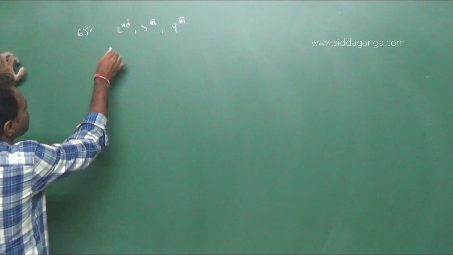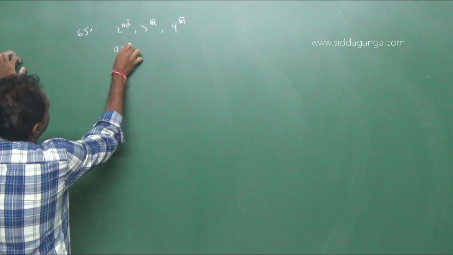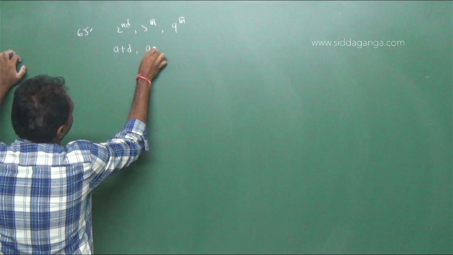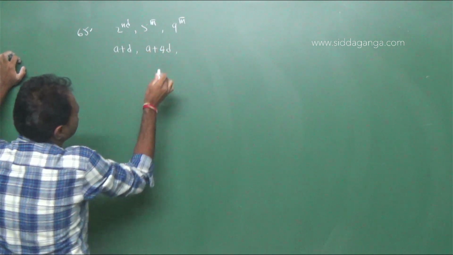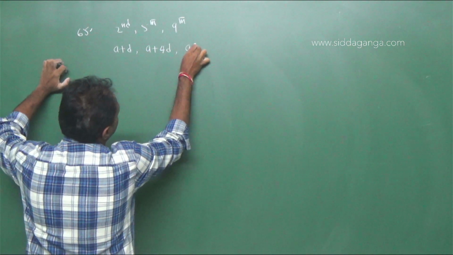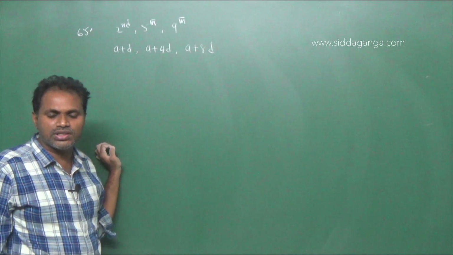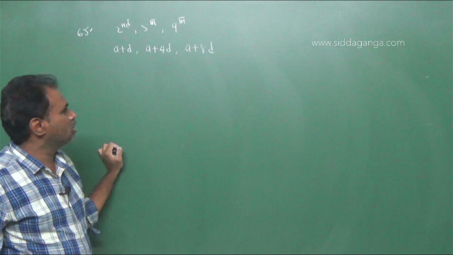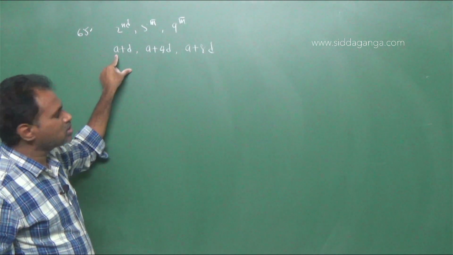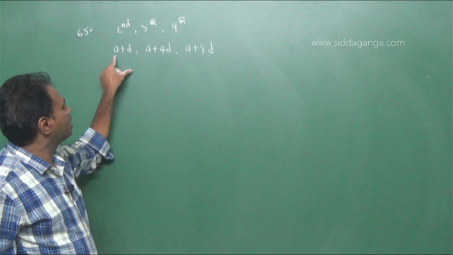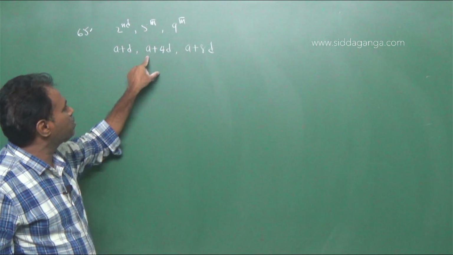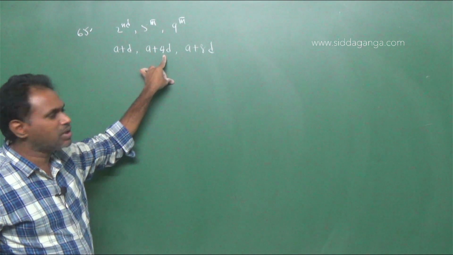Now second term means a plus d, fifth term means a plus 4d, and ninth term is a plus 8d. You know the nth term in an arithmetic progression is a plus n minus 1 into d. Second term means a plus 2 minus 1 into d, that is a plus d. Fifth term is a plus 4d.